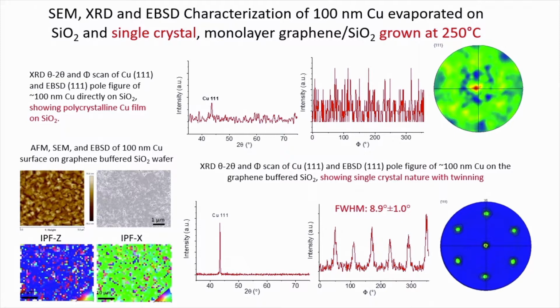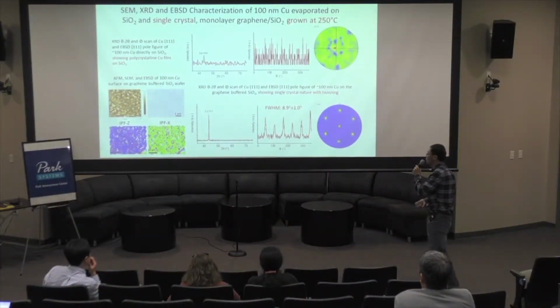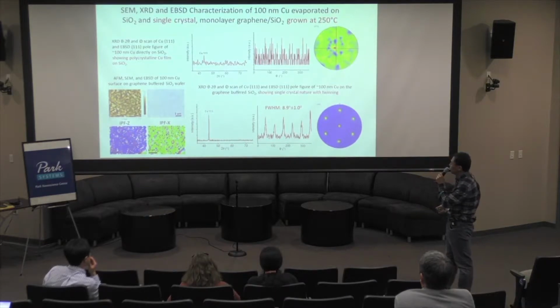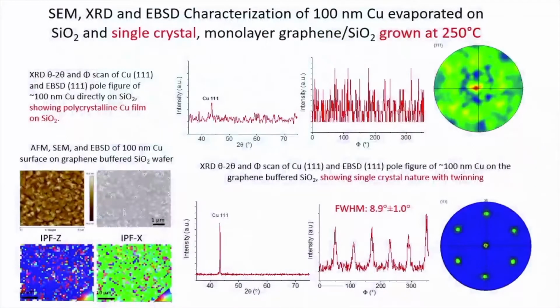In the XRD theta-to-theta scan, we have a strong copper 111 peak, and this is the only peak in the theta-to-theta scan. For the phi scan of copper 111, we can see six strong peaks along the azimuthal directions.